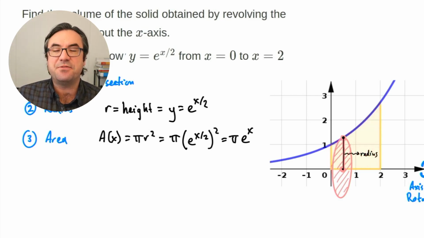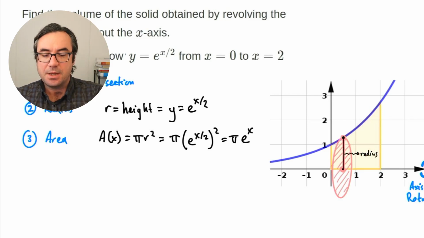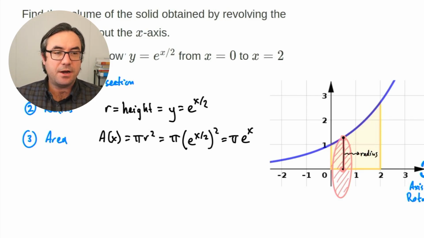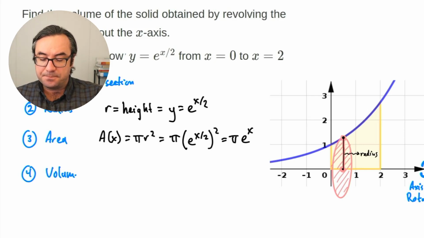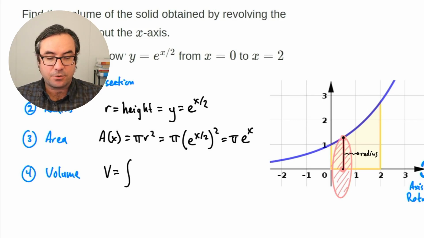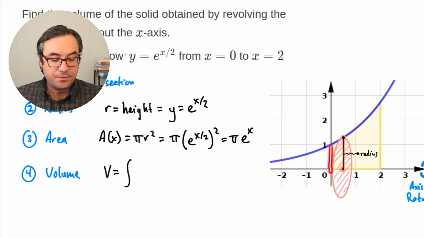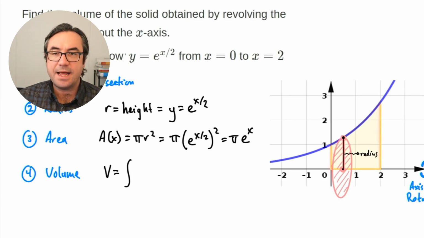Once we have our area all set up, now we're ready to actually calculate the volume here. So our volume, we'll call it V, is going to be the integral, and we look at the left and right ends of our region.